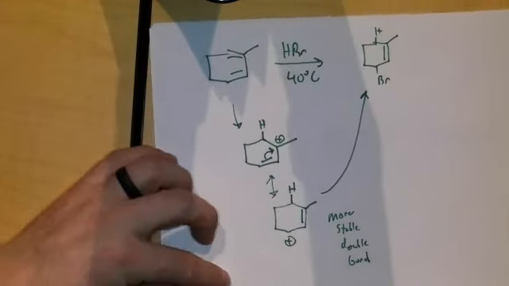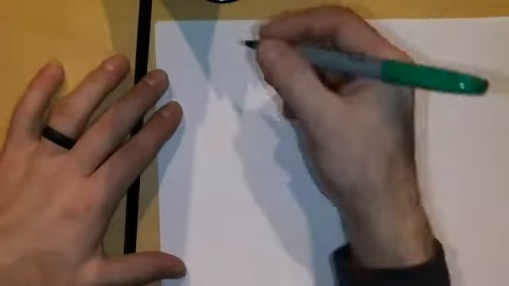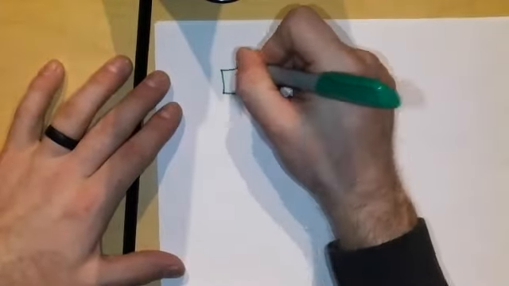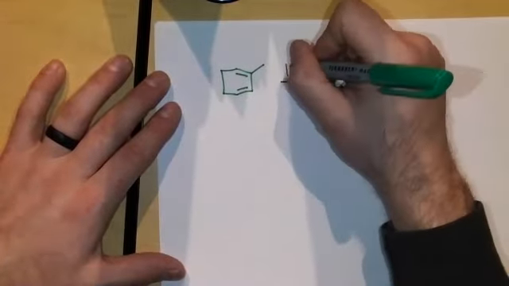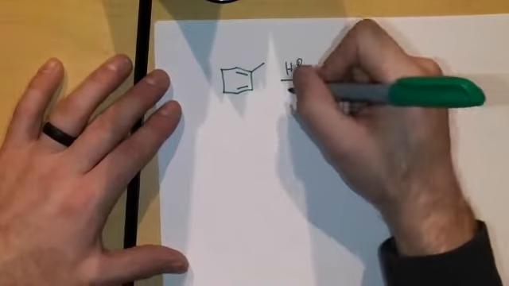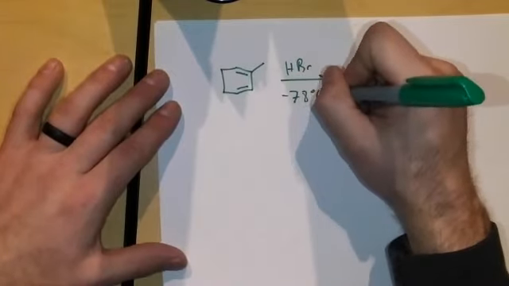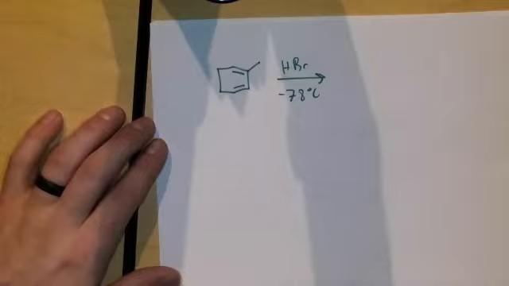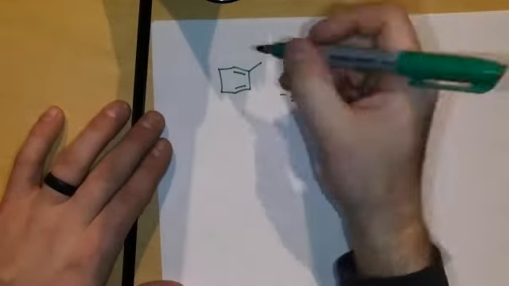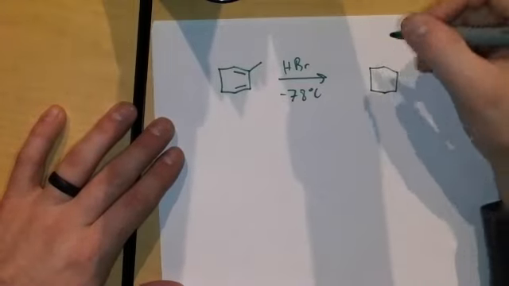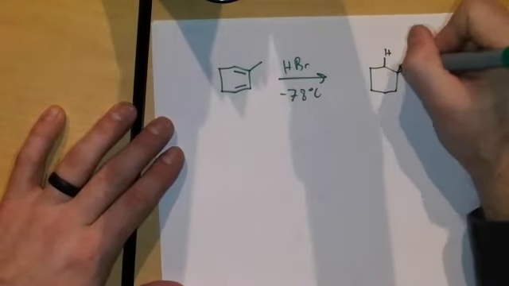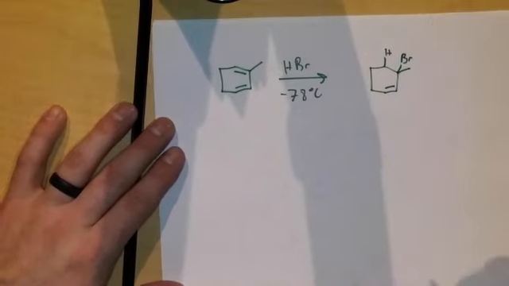So to review these, in cold temperatures, we don't care about resonance. We are just going to do kind of a normal addition where we're going to want our positive to end up on the more substituted of these positions. We're going to get a bromine here.